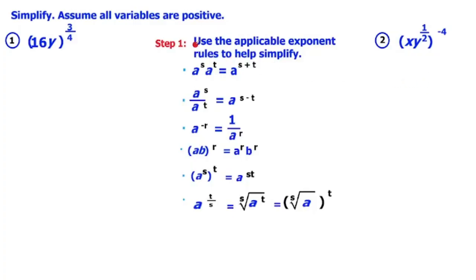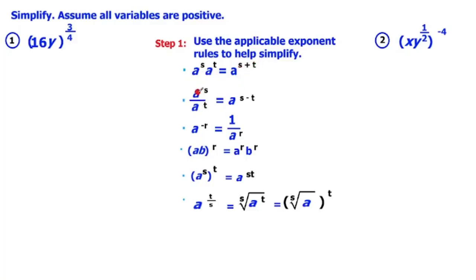So we need to remember these applicable exponent rules to help simplify. We're going to use probably a combination of these when we do these problems. When we have the same base and they're to the power of different exponents, and these two are multiplied together, that means we just add the exponents.